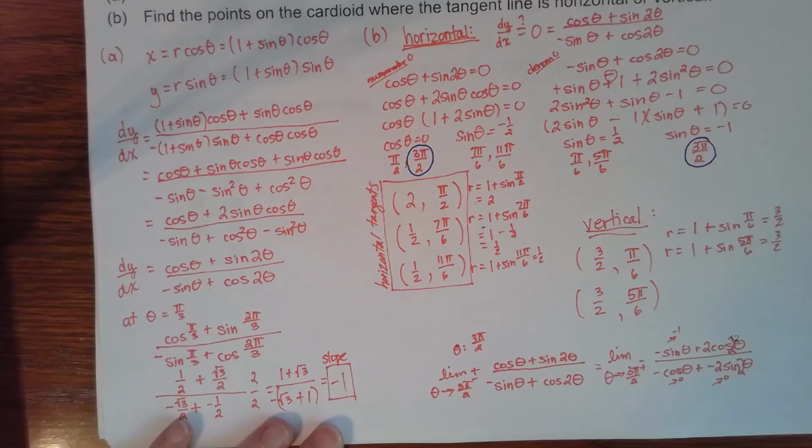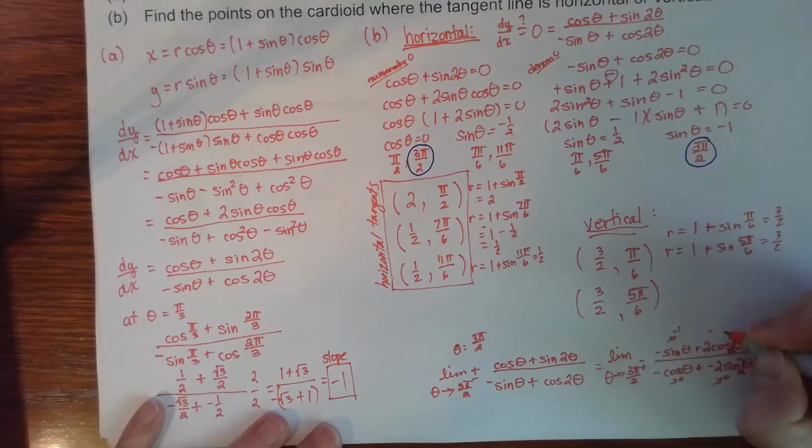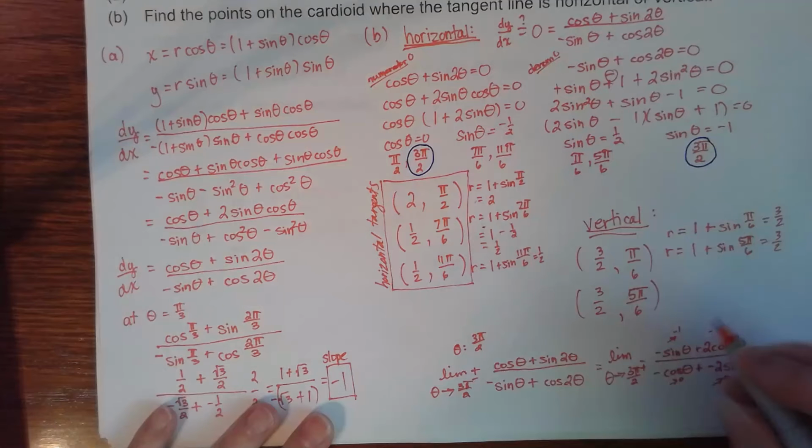And the cosine of 3 pi is negative 1 as well, so this is approaching not 0, it's approaching negative 2.